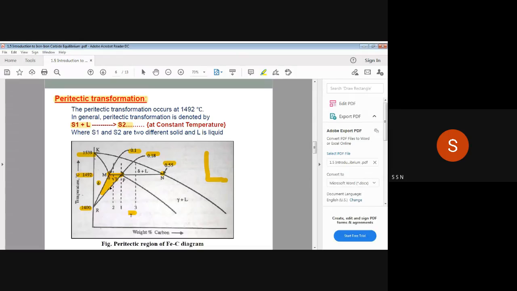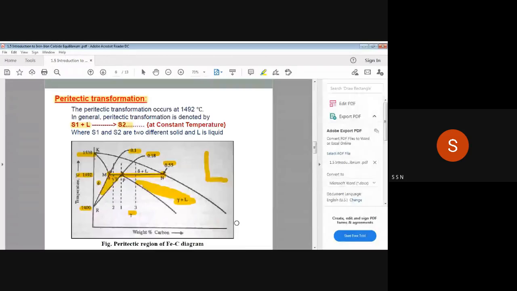That means two solids are obtained, delta plus gamma. Only two solid phases we have got. And if the percentage of carbon is from 0.18 to 0.55, then we get a different phase, and that different phase is gamma plus liquid.